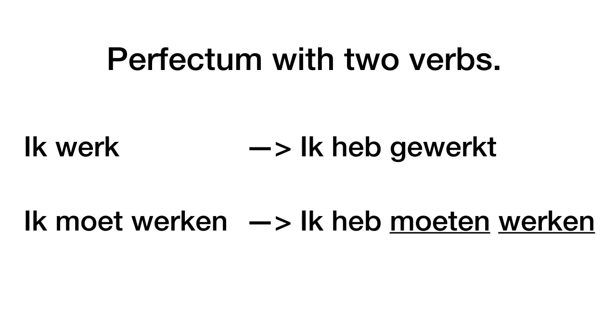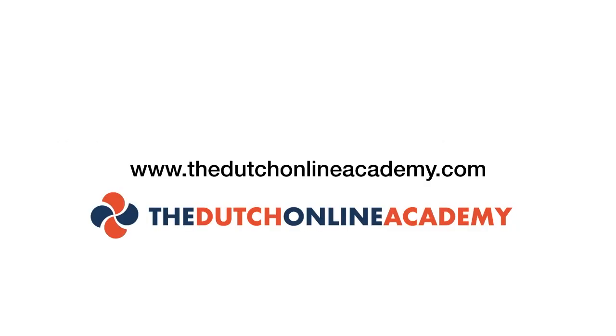It is a perfectum though, and it's the same tense as the sentence above. Ik heb gewerkt is in the same tense as ik heb moeten werken. I hope this has given you an idea of how the perfectum with 2 verbs works.